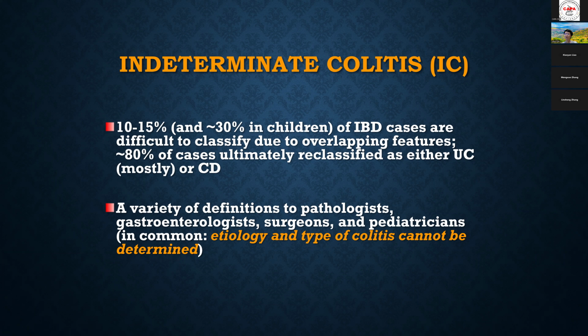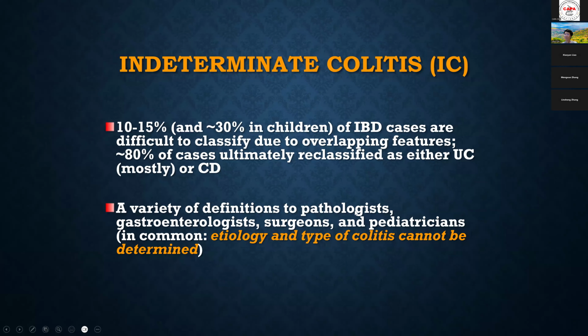You have to know that when you use this terminology, clinicians also use this terminology, but what it means is different, right? For clinicians, indeterminate colitis means the etiology and type of colitis cannot be determined.